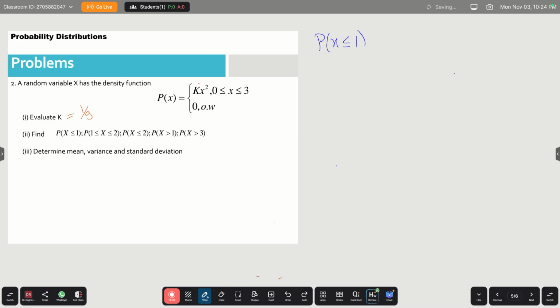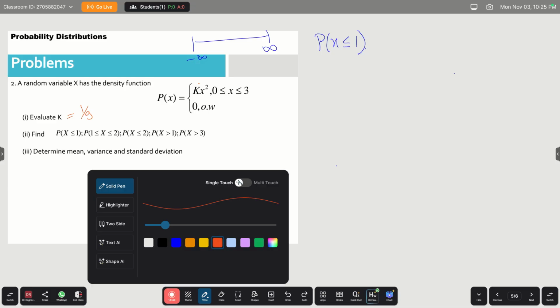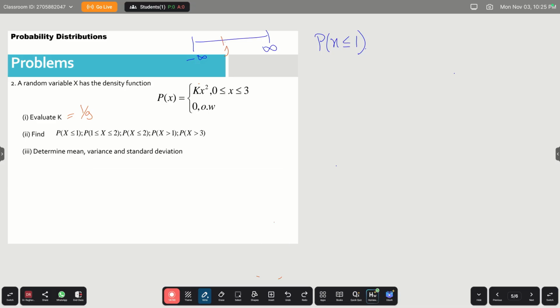So what does it mean? P of x less than or equal to 1 means all the values that are less than or equal to 1. The number line starts from minus infinity to plus infinity, and somewhere 1 will come. So less than or equal to 1 means minus infinity to 1.